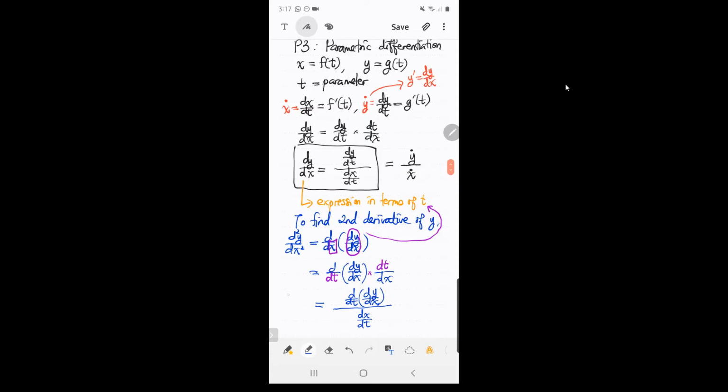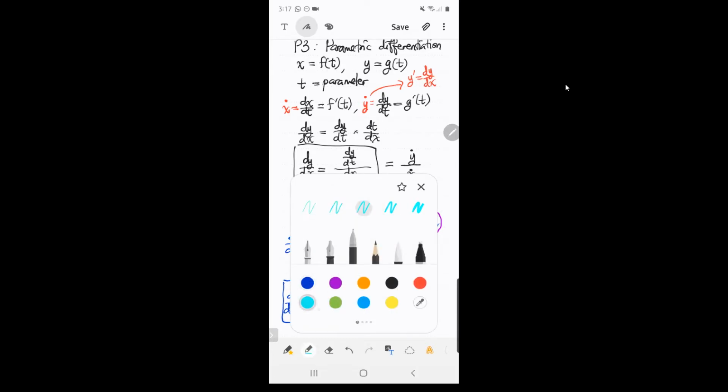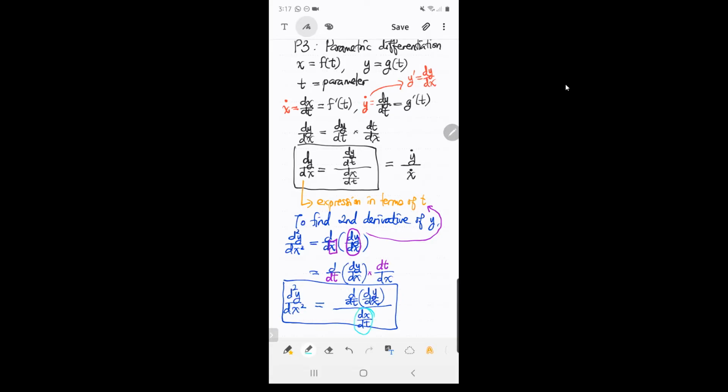Okay, so this is how you find the d2y/dx2 in further math, right? In the P3 differentiation, they never ask you to find d2y/dx2. So you need to remember: you differentiate the dy/dx as usual, but remember to divide by the dx/dt. Remember to divide by x dot, because dx/dt means x dot. So basically, this is how we find the d2y/dx2 for a parametric equation.